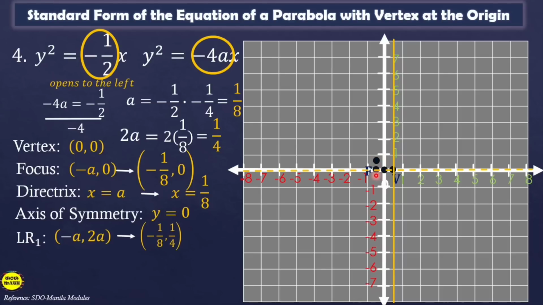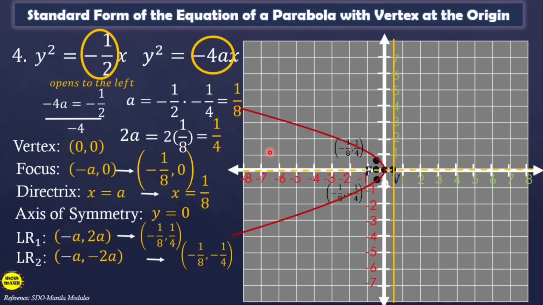Ganun din sa baba. Okay? So, kung kukunin natin yung sa baba, dyan din. So, maliliit kasi yung distance natin. So, therefore, i-graph natin. So, ito na yung parabola natin sa y squared is equal to negative 1/2 x.